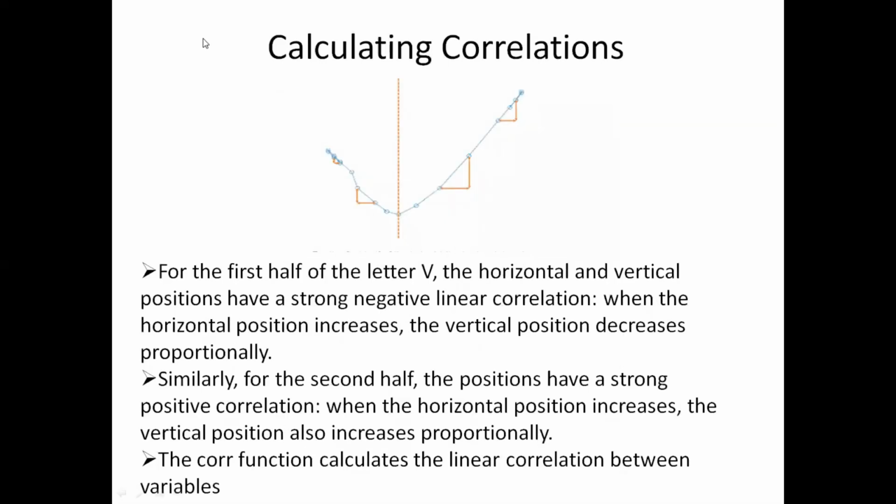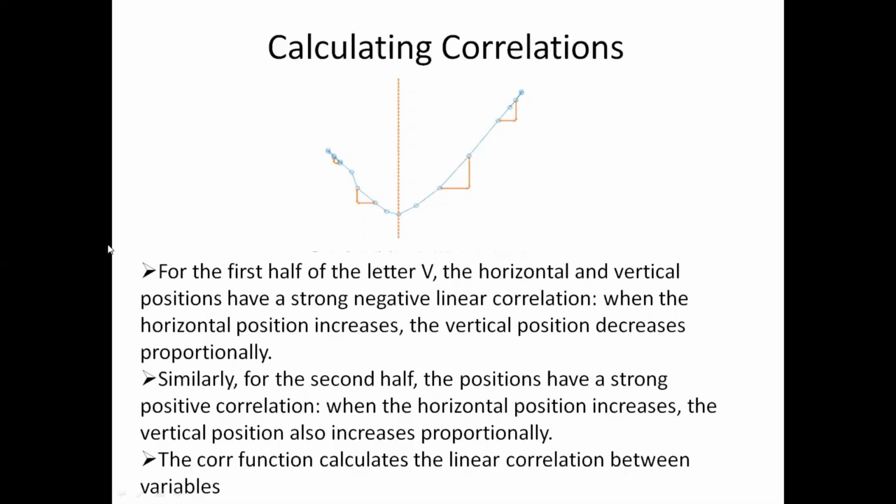Now, look at the alphabet V, this is its shape. In the first half of the letter V, the horizontal and the vertical positions have a negative linear correlation.